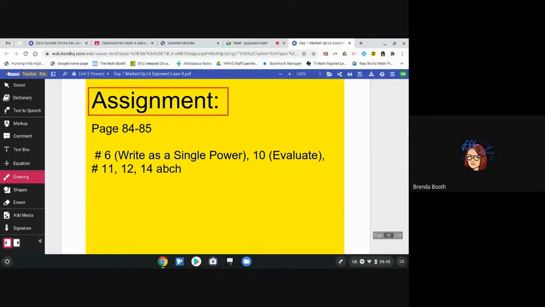So for number 12, it says compare the values of, so it gives us negative 4 squared to the power of 3, and then negative 4 squared to the power of 3. It's funny how when you say these out loud, they all sound the same.